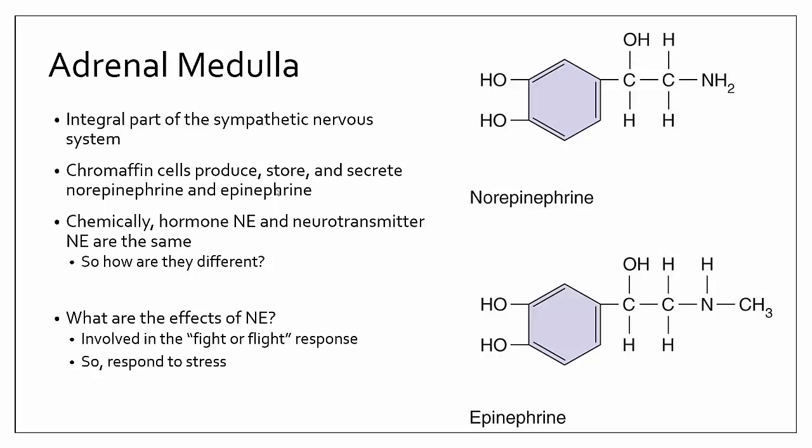While the nervous part of the fight or flight response is really quick, if it activates the adrenal medulla to release norepinephrine into the blood, then you're going to have a much longer response. The effects of norepinephrine we've talked about a lot: increasing heart rate, increasing blood pressure, getting your body prepared for that fight or flight response.